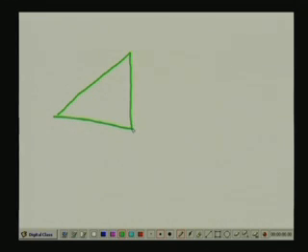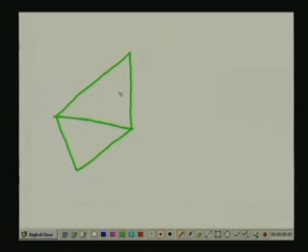Now, let's say you have got a sliding wedge like this. We are looking at the face of the tunnel wall.